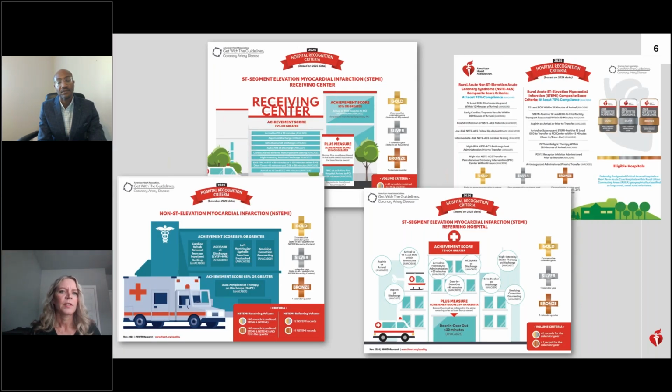This rounds out our portfolio of hospital recognition that we have currently at the American Heart Association. Previously, the focus was, like I mentioned, on the NSTEMI and STEMI population, and we also have the Rural Healthcare Outcomes Accelerator recognition, which encompasses chest pain along with non-STEMI and STEMI populations.